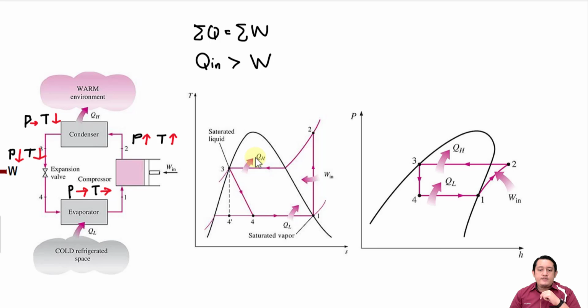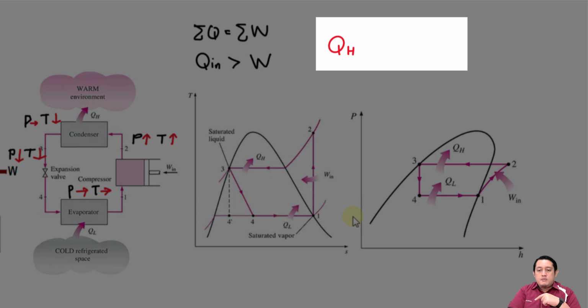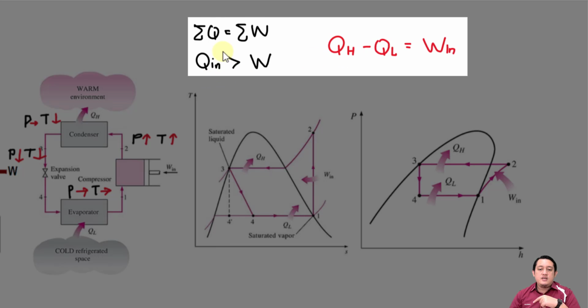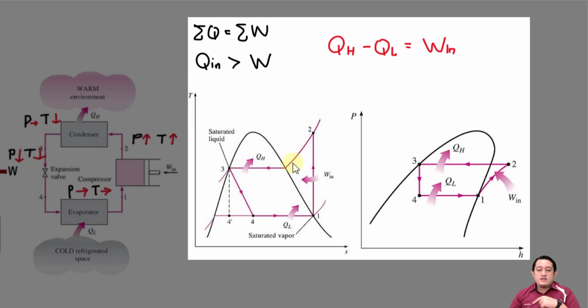So if we refer here, we have QH and also we have QL and also we have W here. So the relation of QH, QL and W is actually this one: QH minus QL is equal to W. QH here is actually Q in, and QL here is this one, and this one will be equal to W in.